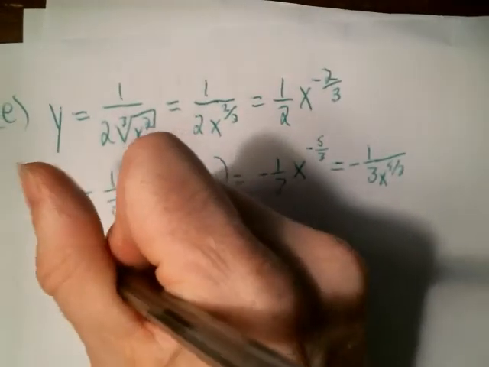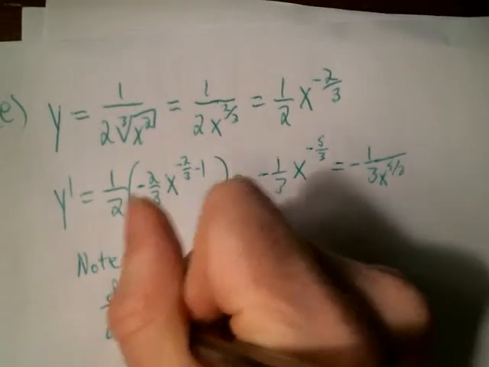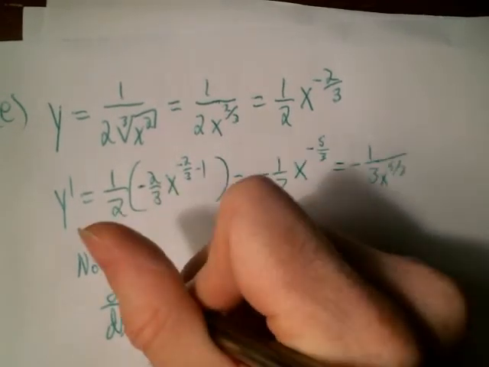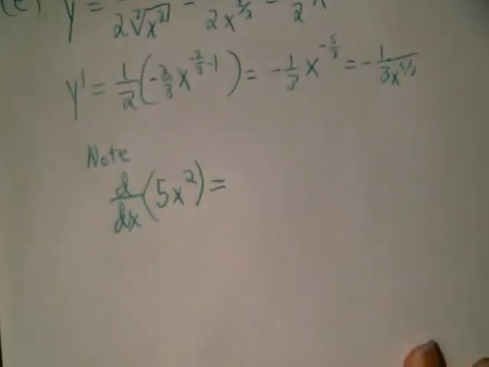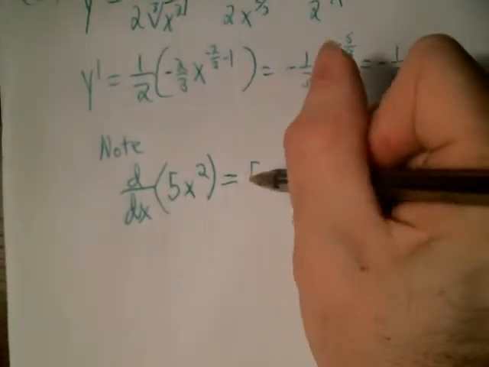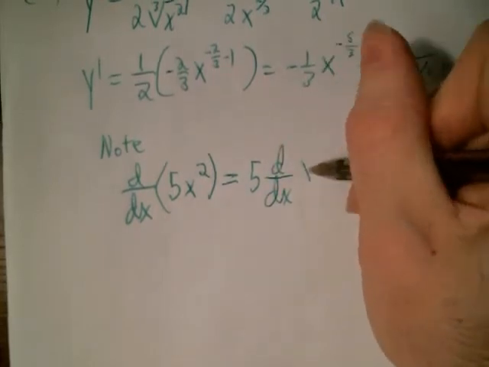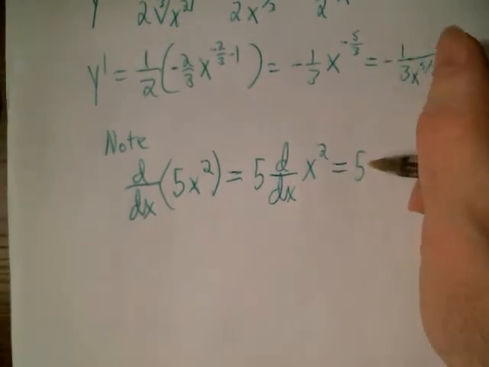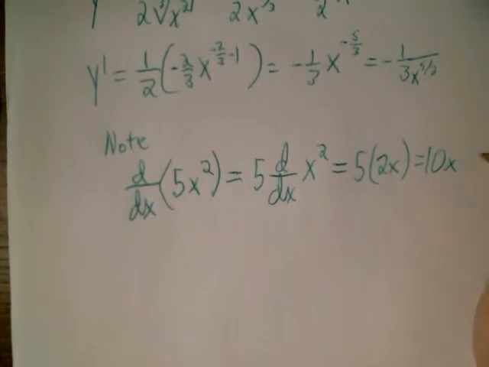Note the derivative of a constant times something like this: you can pull the 5 out and go d over dx of 5 times the derivative of x squared, so that'd be 5 times 2x to the first, which is 10x.